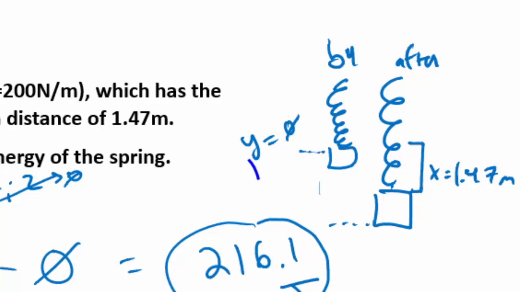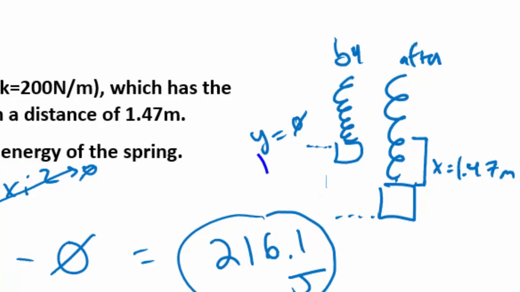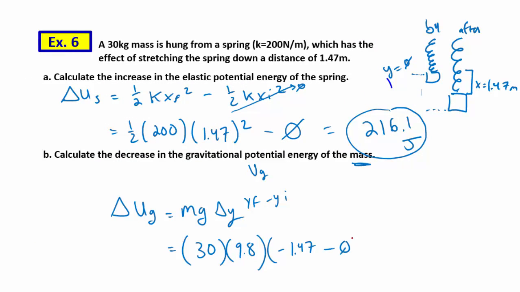And so that final position is going to be negative 1.47 minus 0. I'm going to call that negative, and it really doesn't matter which way we do it. But what I'm going to do here is I'm going to get a final value of negative 441 joules of energy change, the decrease in the gravitational potential energy of the mass.